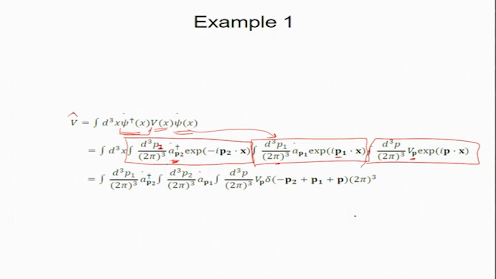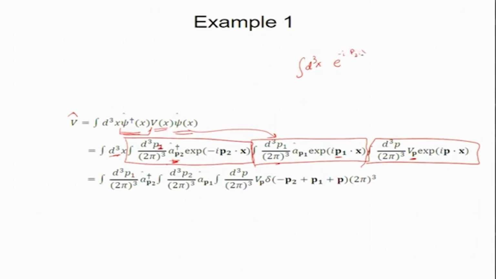Now there is a d cube x part. So what will I do with d cube x? It will act only on the functions, because a p, a dagger p are all momentum space operators, and d cube x cannot do anything on Vp, a dagger and so on. So it is going to act on the exponential minus I p2 dot x.